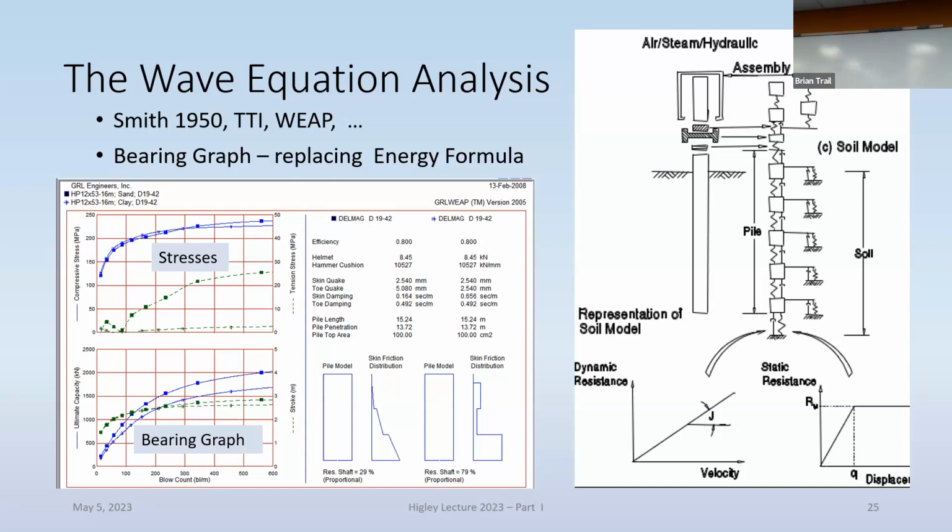And as you can see, for example, with the 2 curves in the lower plot, which is named bearing graph, for 2 different soils we get 2 different results, which with the formula you wouldn't get. This is something widely accepted.